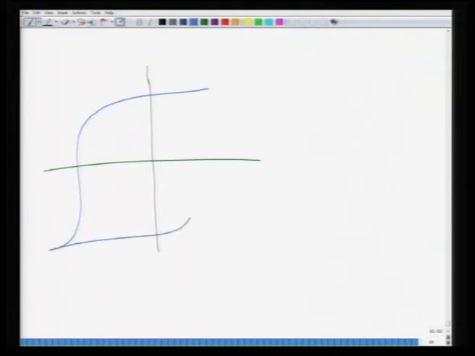So, if I want to draw the magnetic hysteresis curve of two different kinds of materials on the same plot, let me just draw two different lines.